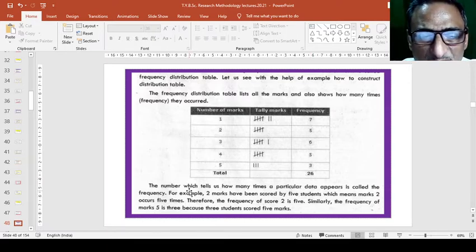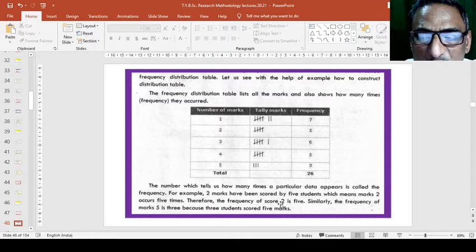The number which tells us how many times a particular data appears is called the frequency. How many times? 5 times. 1 2 3 4 5 and 2, 7. 7 times, 5 times, 6 times, that is the frequency. For example, 2 marks have been scored by 5 students, which means 2 mark occurs 5 times.